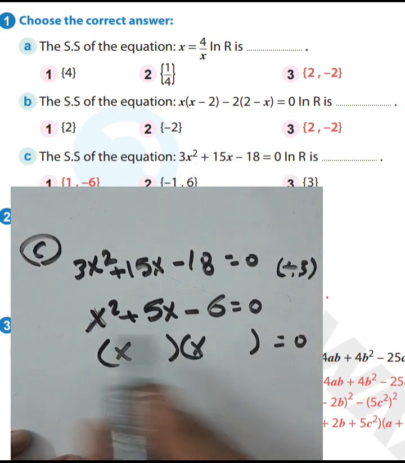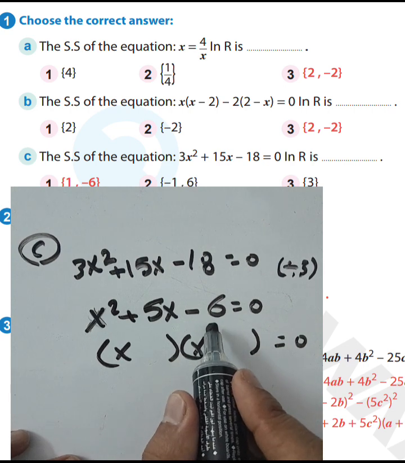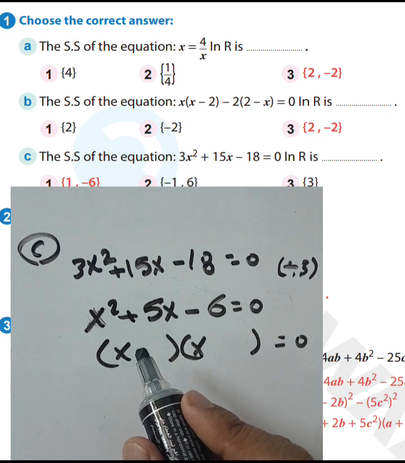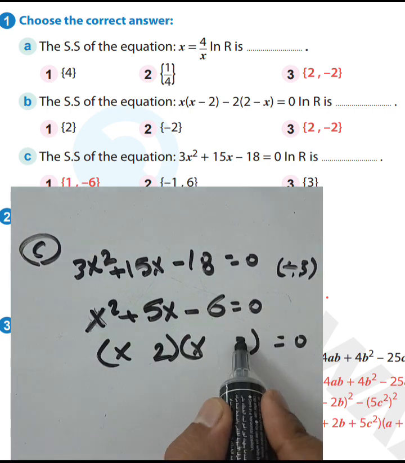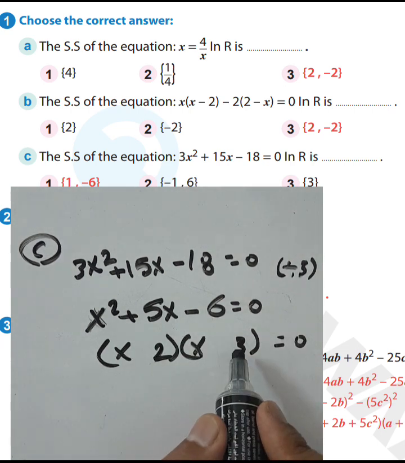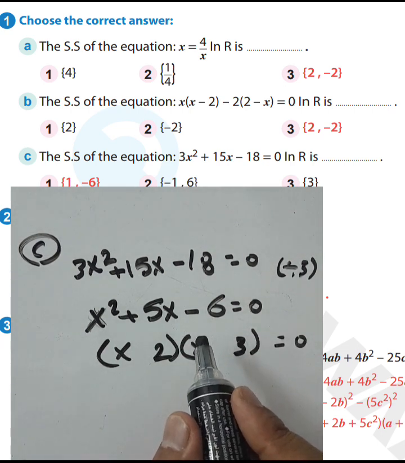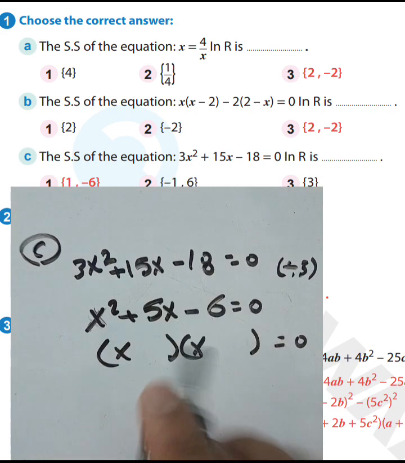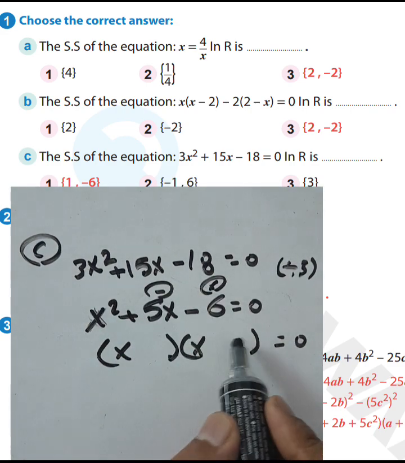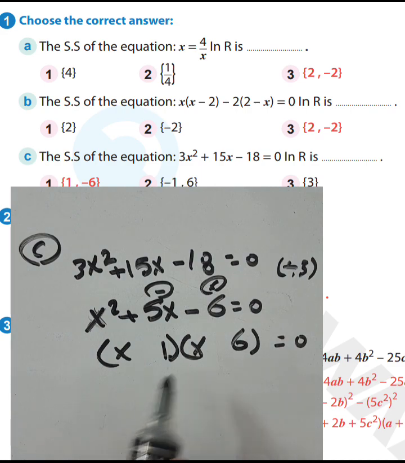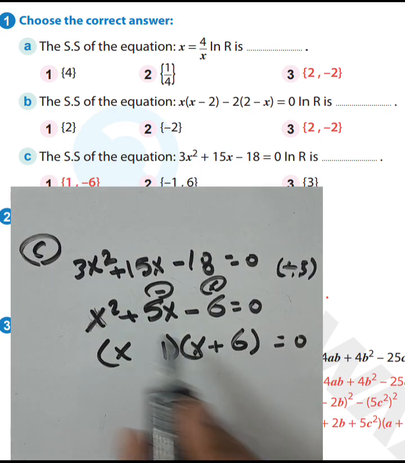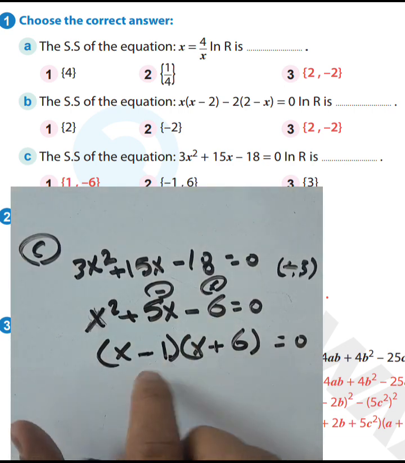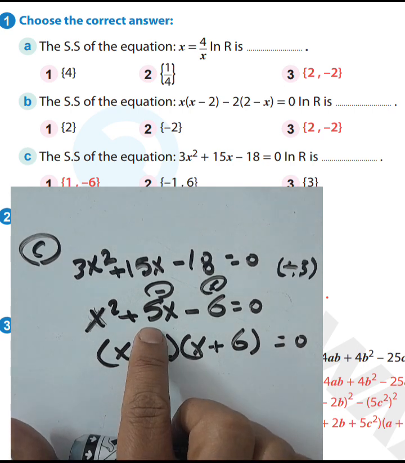x times x is x power 2, and we need two numbers whose product equals 6 and whose sum equals 5. 2 times 3 equals 6, but their sum is not 5. The product between them equals 6 and the difference between them equals 5, so we can write 6 times 1, and the sign of the middle number is positive, so we have negative 1: 6 times negative 1 equals negative 6, and 6 plus negative 1 is positive 5.